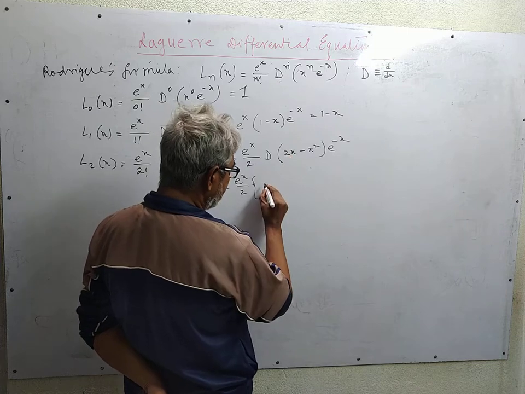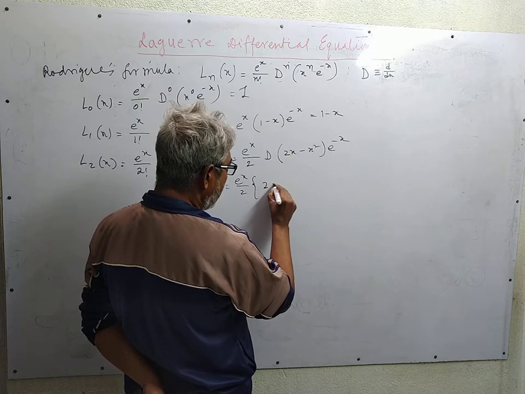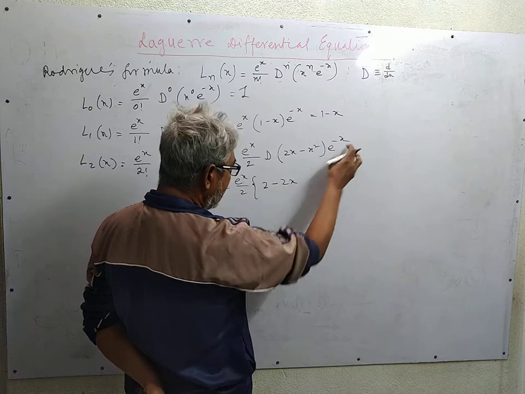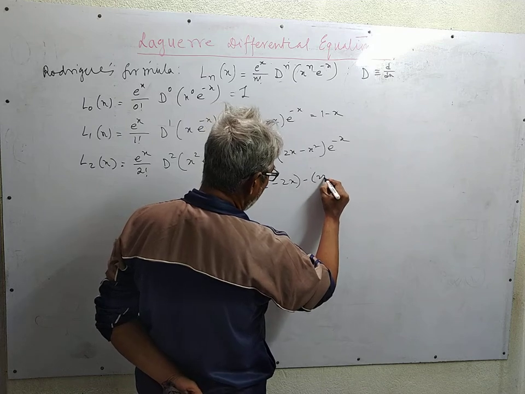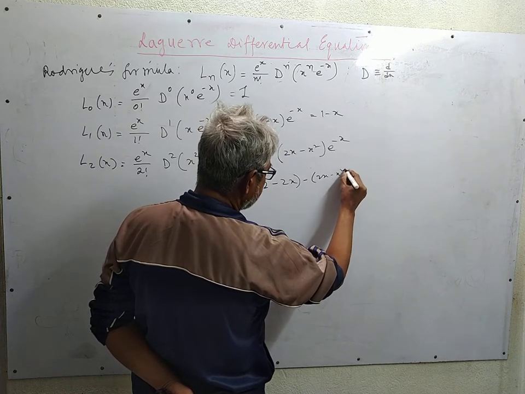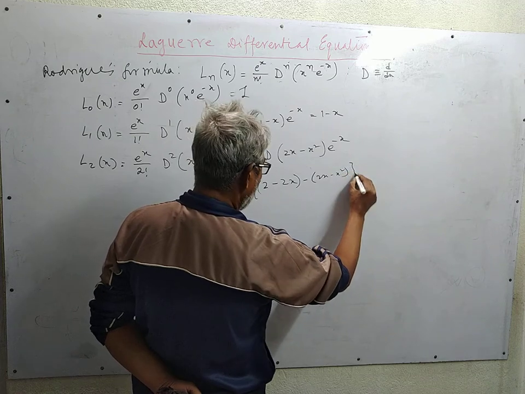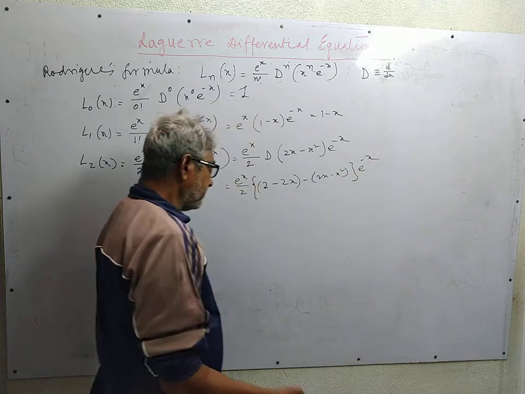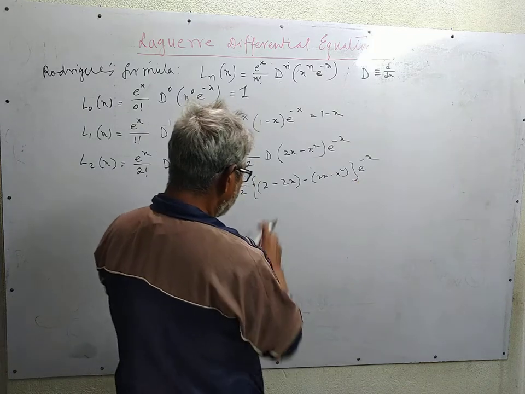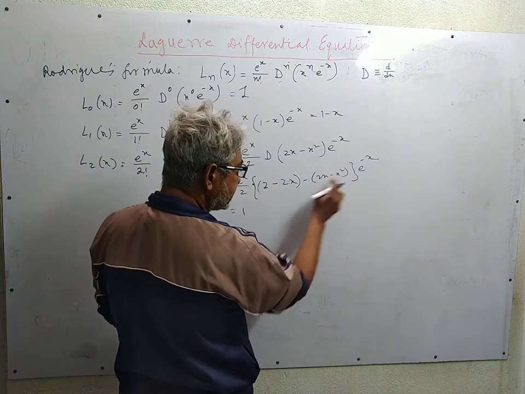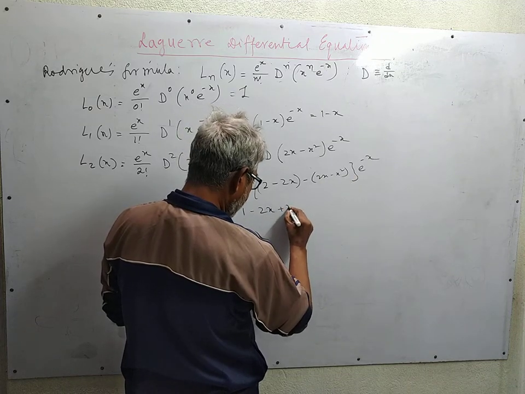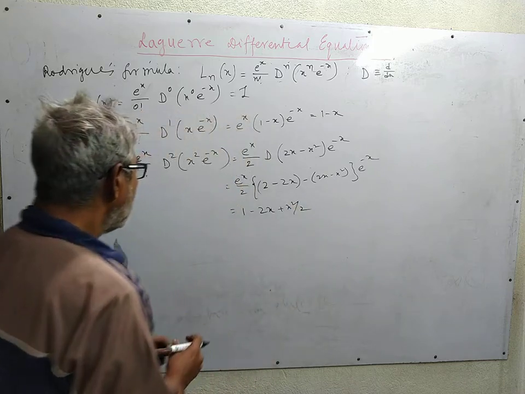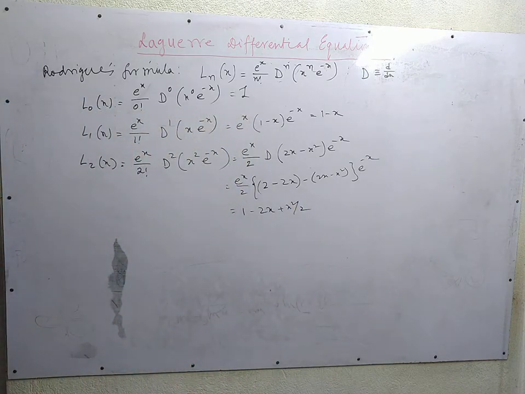When we differentiate this, we get 2 minus 2x times this, and when we differentiate this part we get minus 2x minus x squared, the whole thing multiplied by e to the power minus x. This part goes, and this is 1 when divided by 1, this is 2, and minus minus is plus, x squared by 2. This is the same L2 that we obtained using the series method.